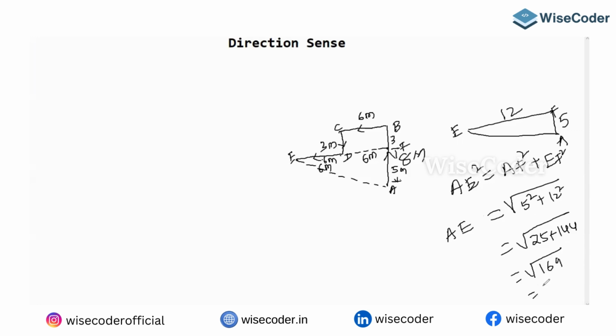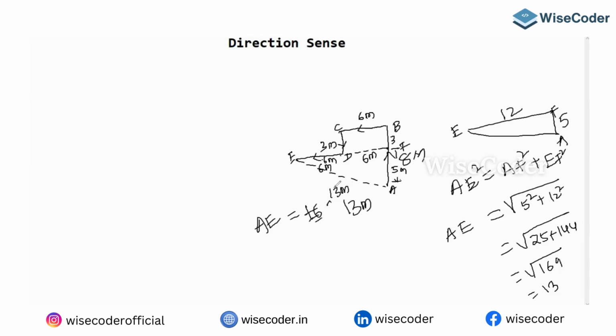What is the square root of 169? It is 13. So the distance between A and E is how much, guys? 13 meters. So this will become 13 meters.